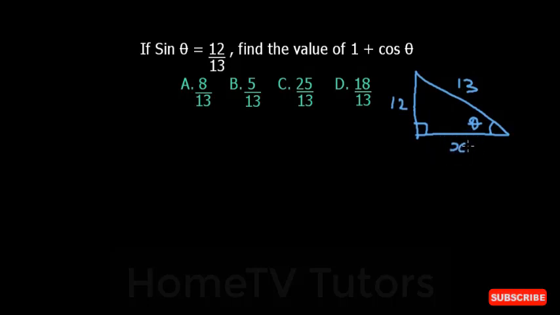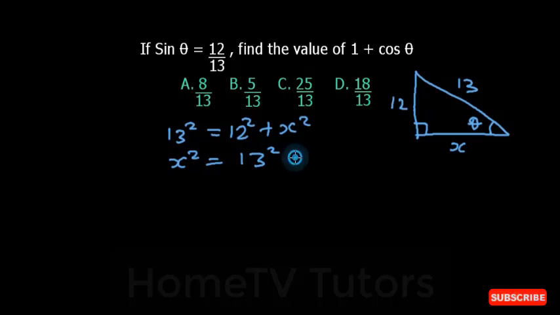But for this we don't know, okay, but we can get it through the Pythagorean theorem. So let's solve that. 13 squared equals 12 squared plus x squared. So x squared equals 13 squared minus 12 squared.